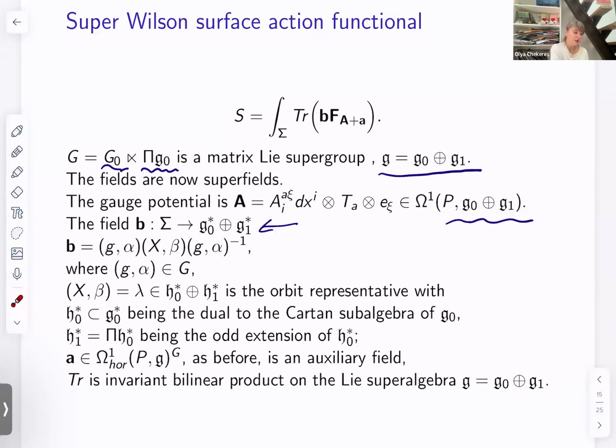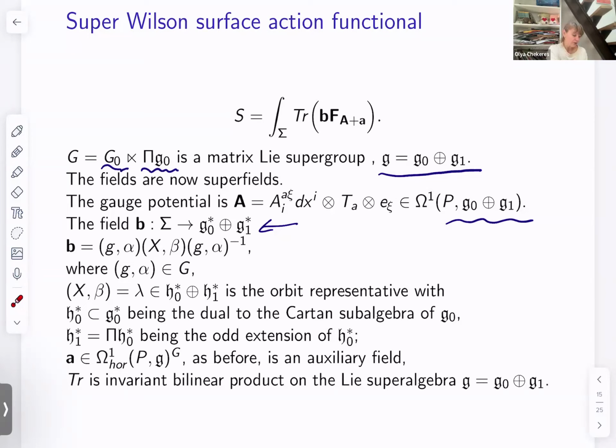So H1 star is H0 with shifted parity, and then the star is taken. And then the parity shifted H0 star is the odd extension of the Cartan subalgebra.